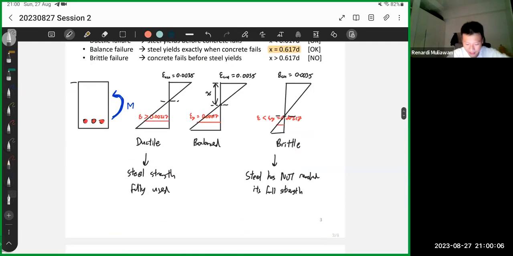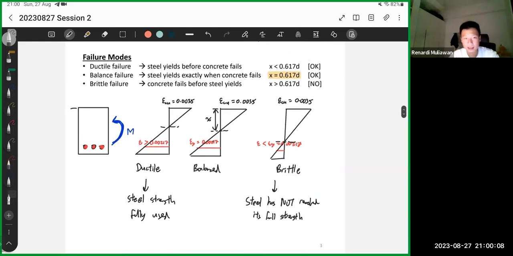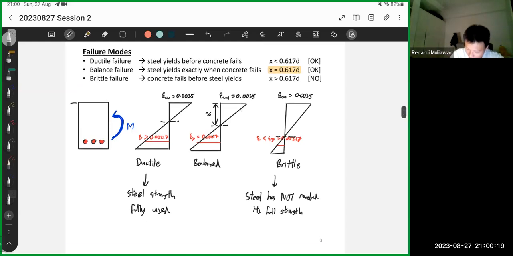The point is, balance case means concrete crushes when the steel has just yielded. So it's a borderline, we use the steel's maximum power. Let's prove it a little bit. Strain diagram will involve a lot of similar triangles, so get ready for that.